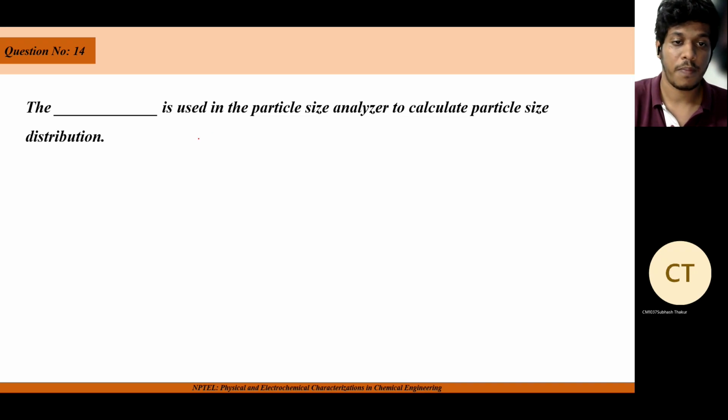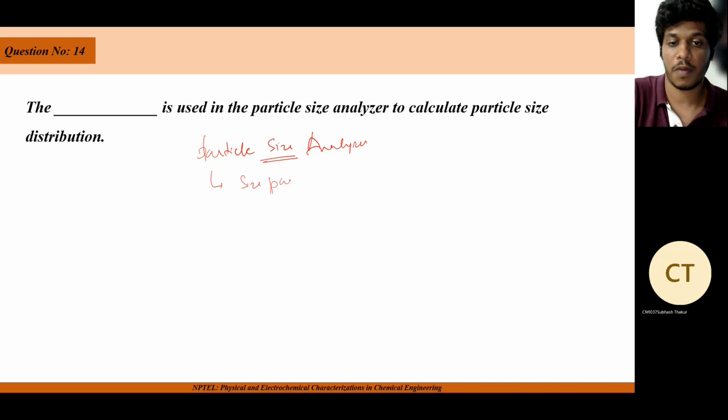Okay, so the particle size analyzer is another commonly used technique in material science research, which gives us an idea about the size of the particles in the material.